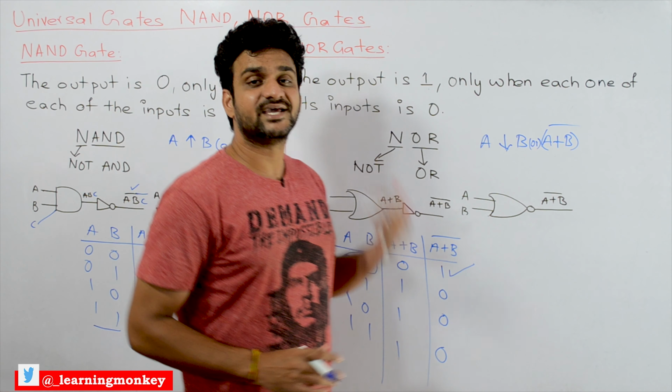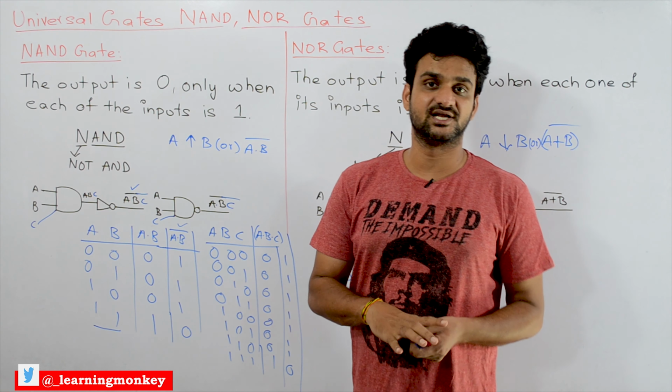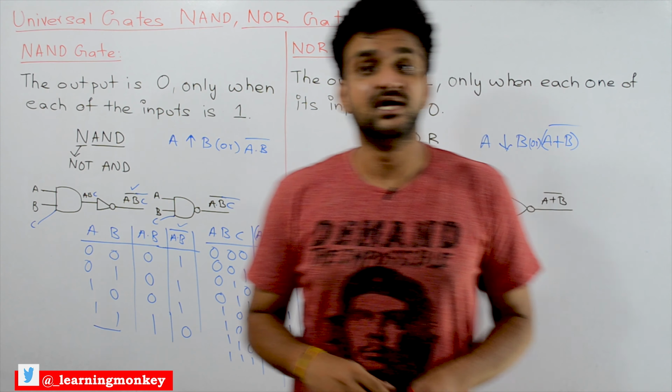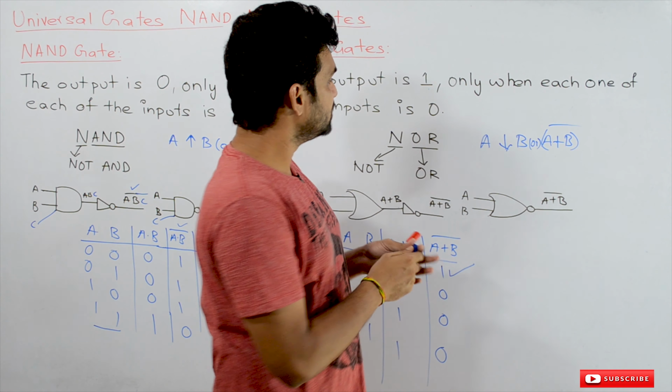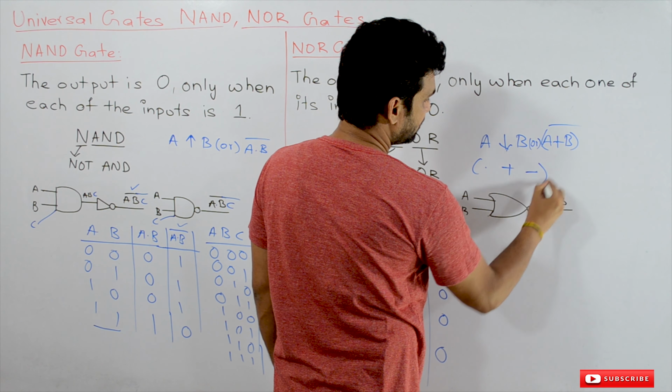Now, why are these gates called universal gates? As we discussed in our previous class, using the basic gates like AND, OR and NOT, we can construct any circuit.